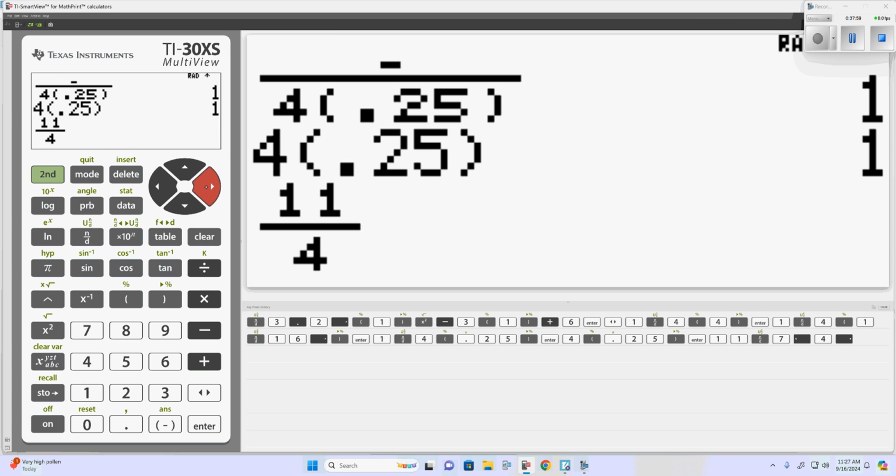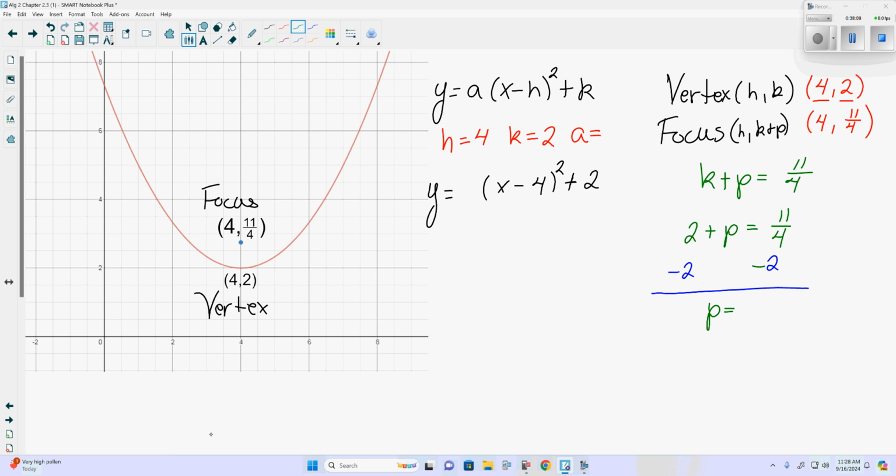As I've said so far, you can do this in the calculator. I'm not expecting you to do it by hand. So 11/4 minus 2 is 3/4. Is 3/4 a nice decimal number? Yeah, it's 0.75. I will take it as a decimal or as a fraction. That one's nice.